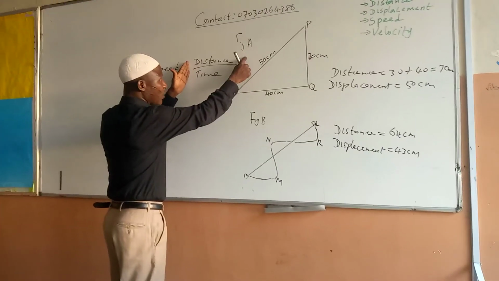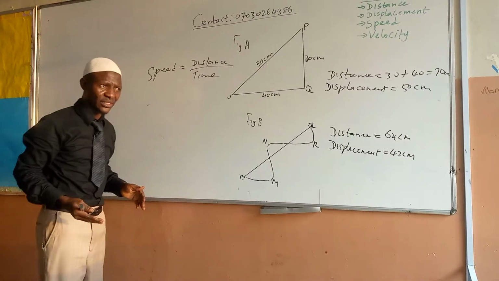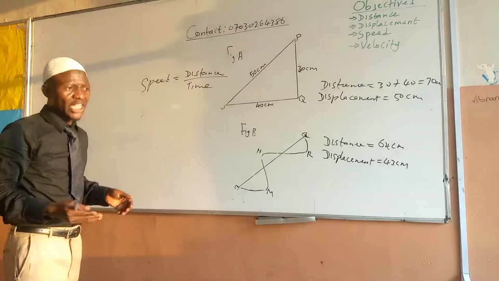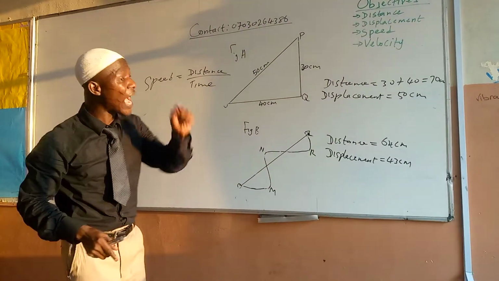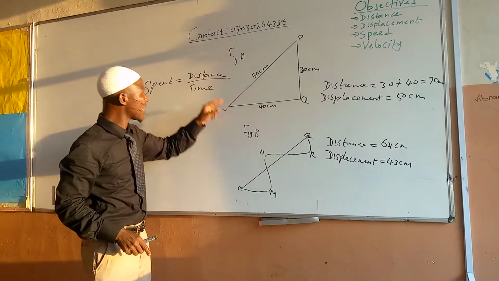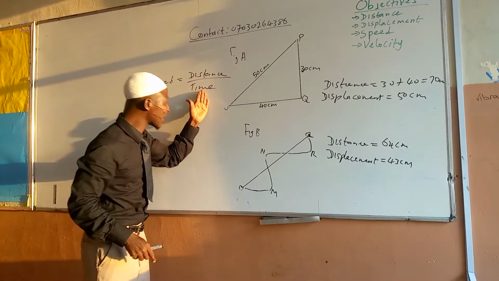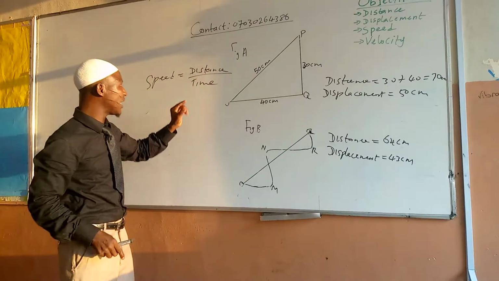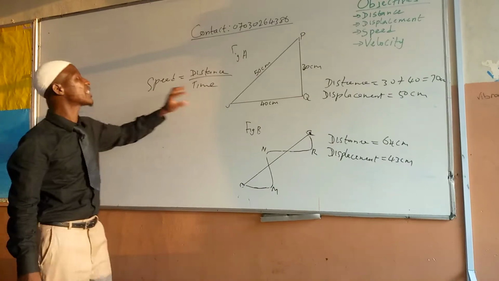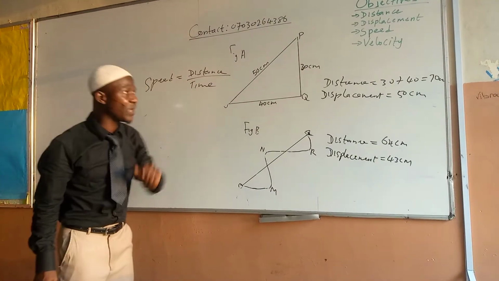Distance is a scalar quantity. Then time is also scalar quantity. Because if somebody asks you what time it is, you can only tell the person the time. It's not even possible for that person to ask you the direction of the time. So in that case, time is also scalar. This is scalar quantity. This is another scalar quantity. So at the end of the day, it will give you scalar. Therefore, speed is scalar quantity.